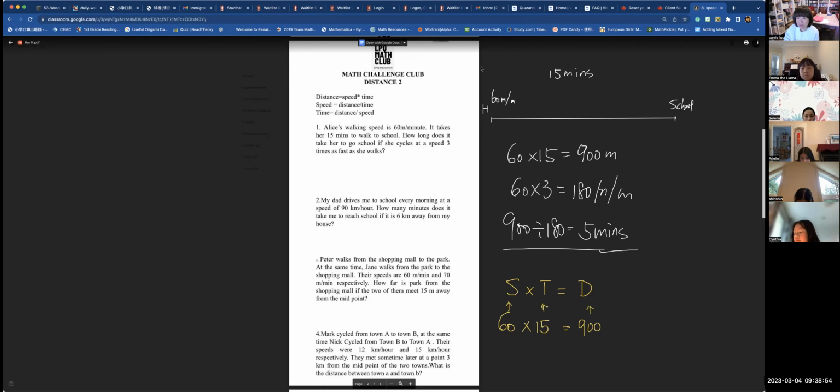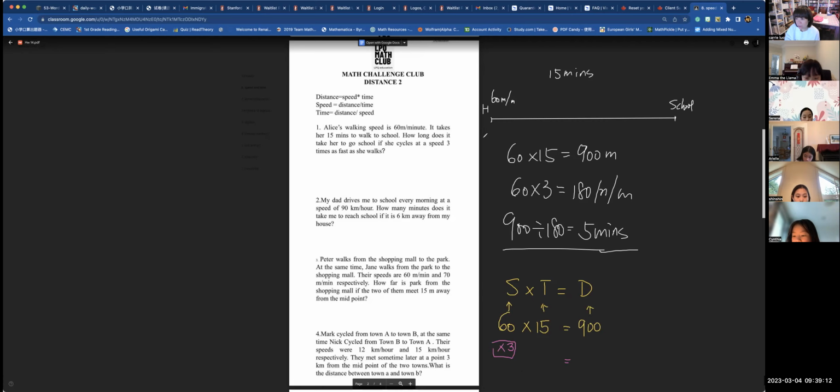So let's talk about the second one. The speed is being raised up by 3 times, right? Okay, so Serena, in this equation, time is changed, but distance is never changed, correct?